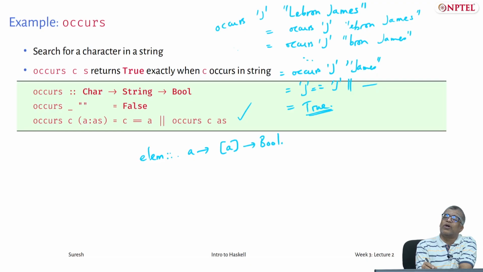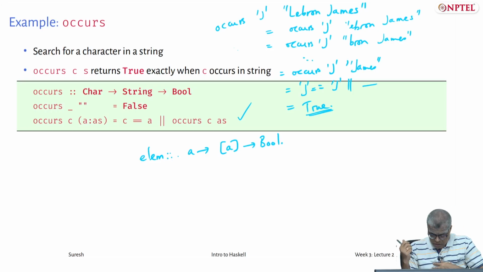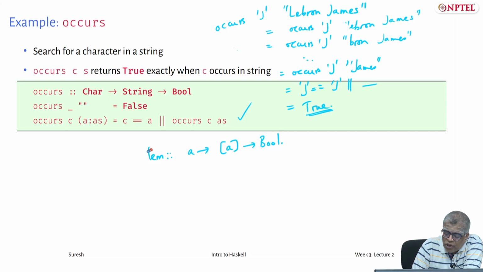But of course, it doesn't work for all lists. It works only for lists whose base type allows equality checks. So that you will represent by writing elem is a function of type a arrow list a arrow bool, provided a belongs to the equality class.